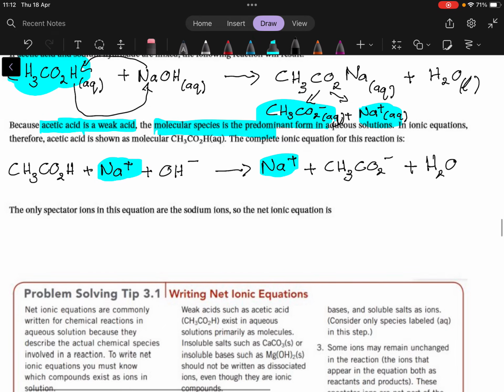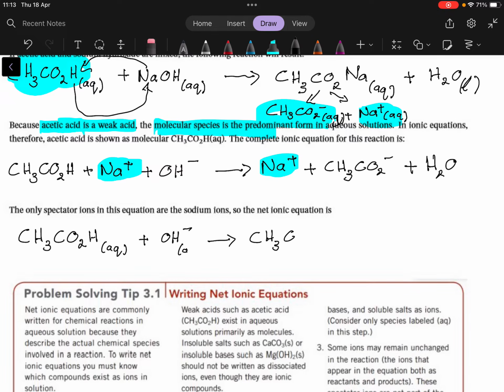In other words, our spectator ion is just the sodium ion, and our net ionic equation in this case is CH3CO2H aqueous, plus OH minus, giving us CH3CO2 minus aqueous plus water.